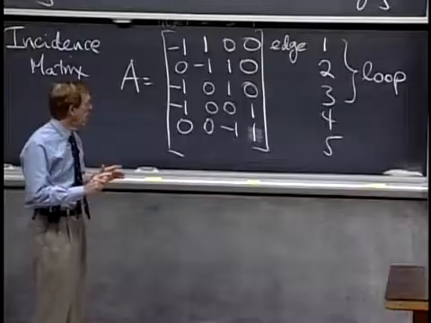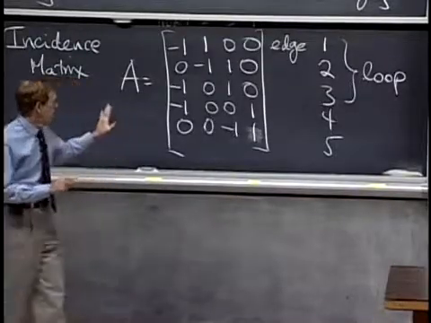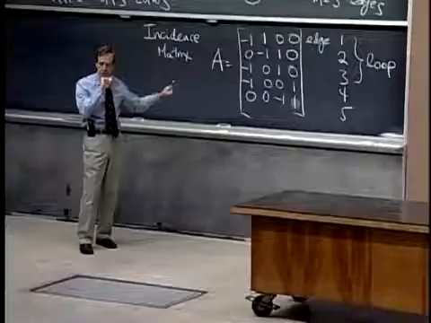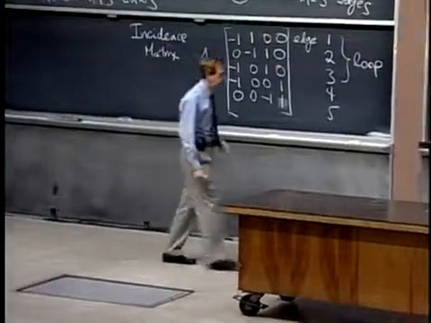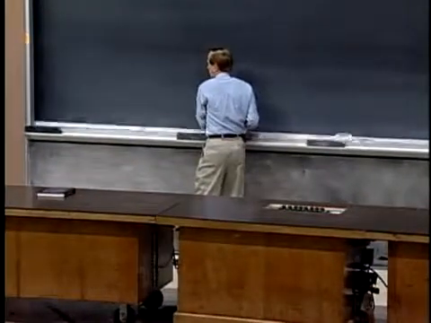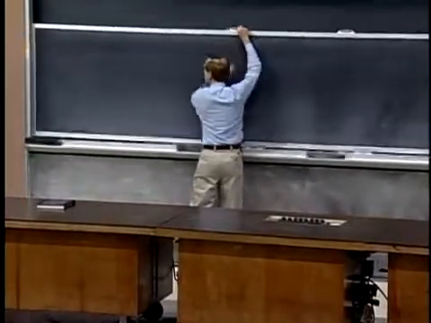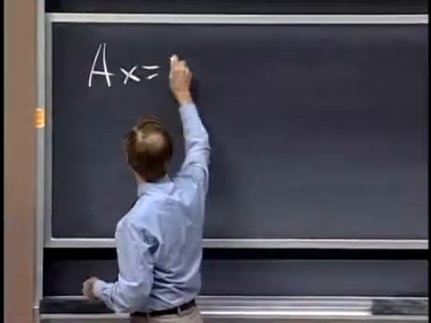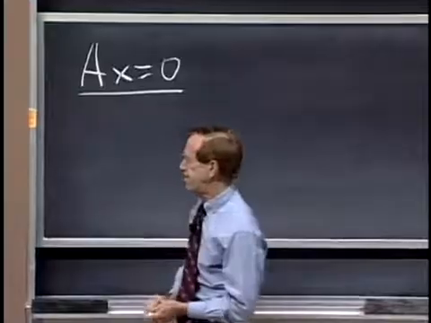I don't know if you see the answer. Let's see. I guess we could do it properly. We could solve Ax equals 0. So let me solve Ax equals 0 to find the null space. Okay, what's Ax?